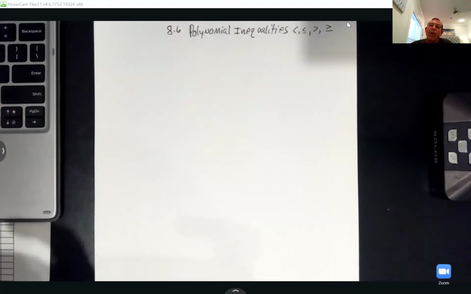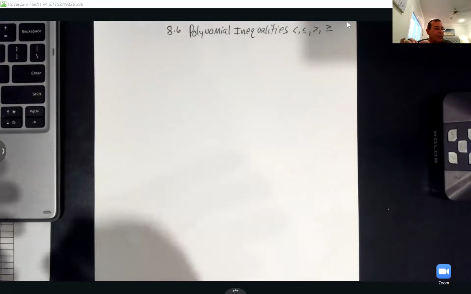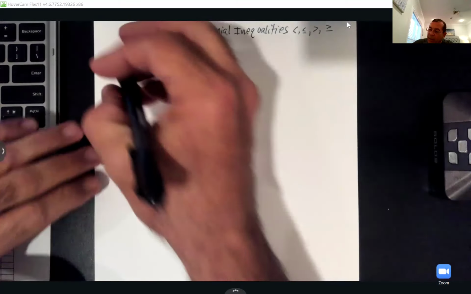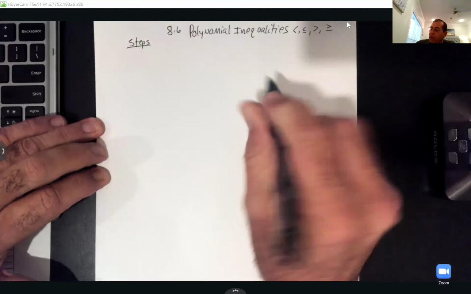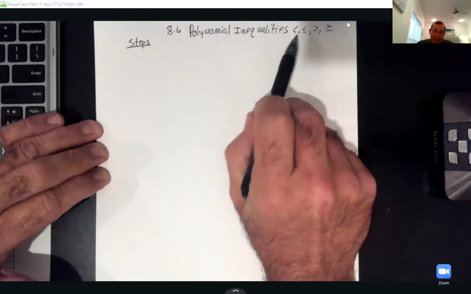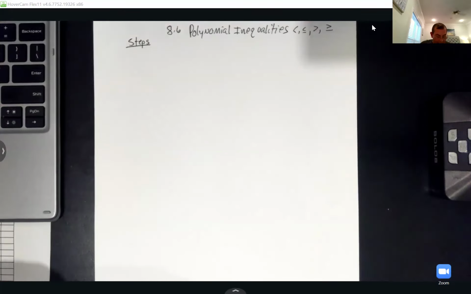So we're going to look at polynomials involving these inequalities, okay? So I'm going to list out the steps I'm going to use to solve these. Because y'all remember, since they're inequalities, it's possible to have more than one answer on these, okay?